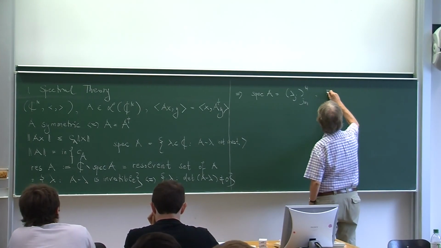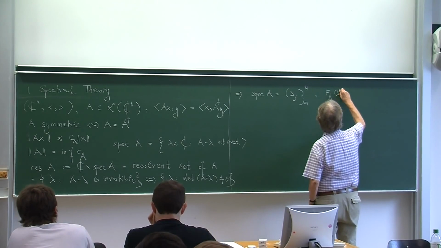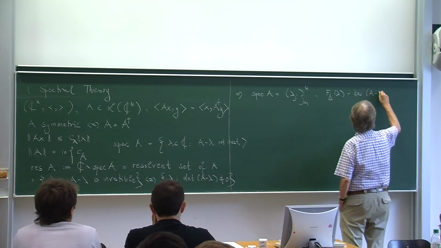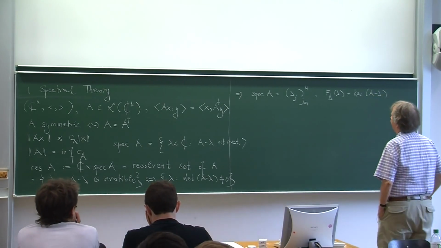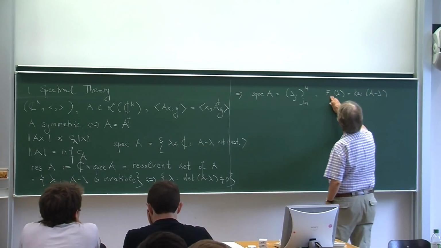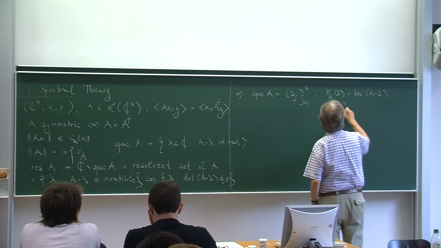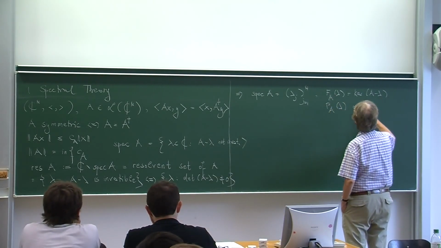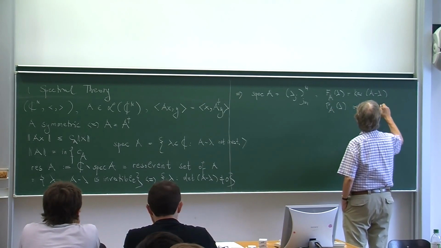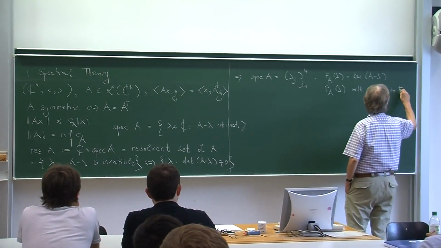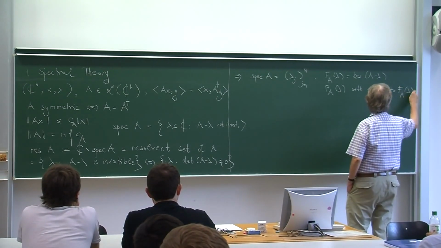And we call F_A(lambda) the kernel of A minus lambda. And P_A(lambda) is the orthogonal projection onto F_A(lambda).